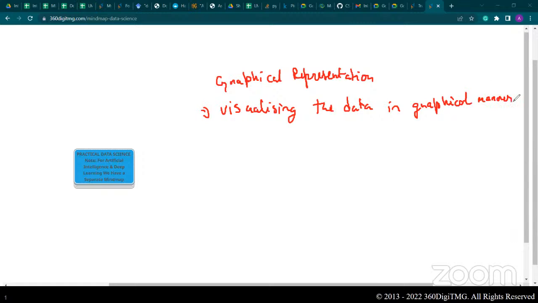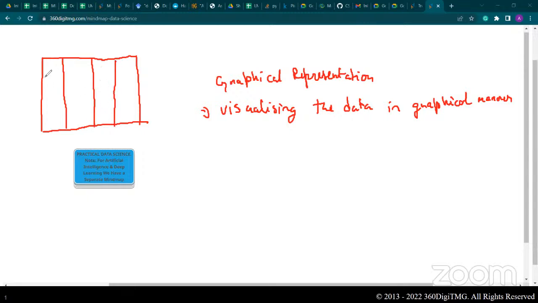All right. So what is going on here? Our data would look something like this. You will have multiple columns and you will have multiple rows.